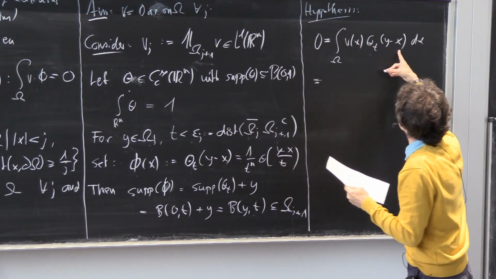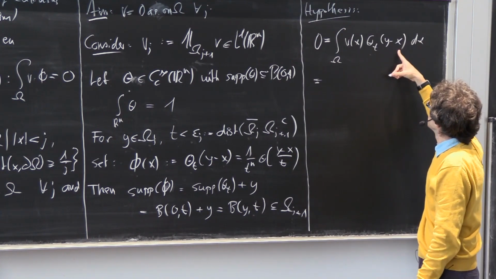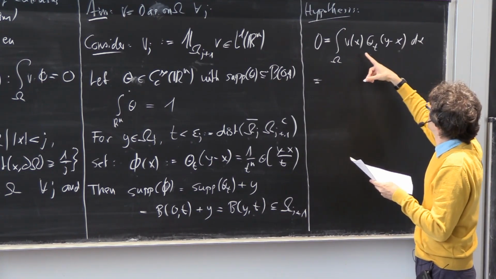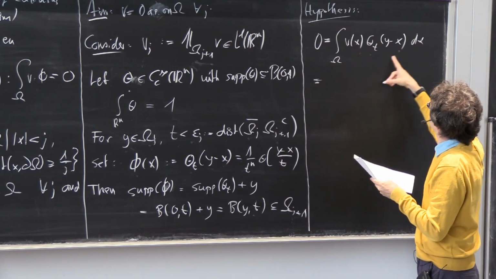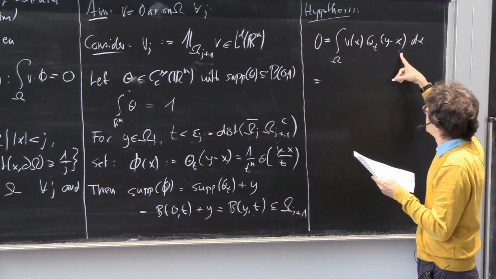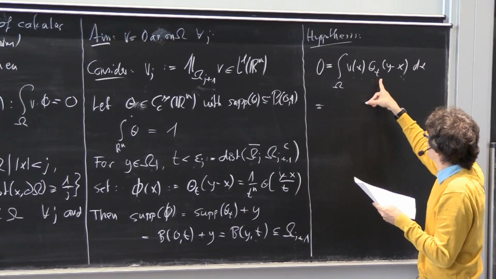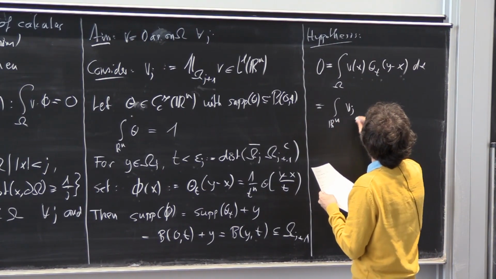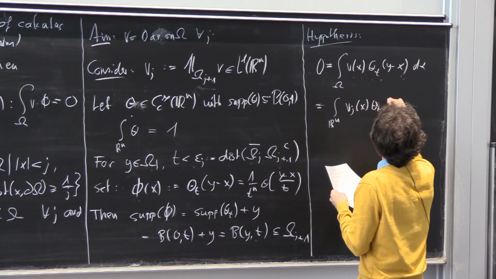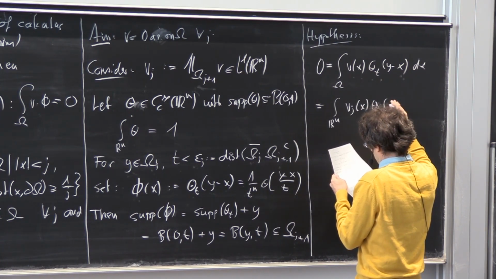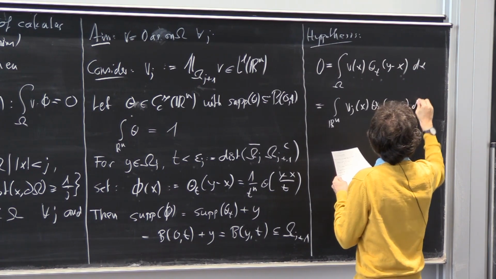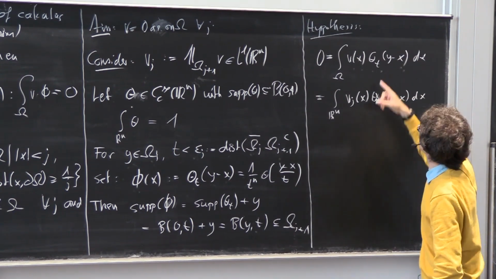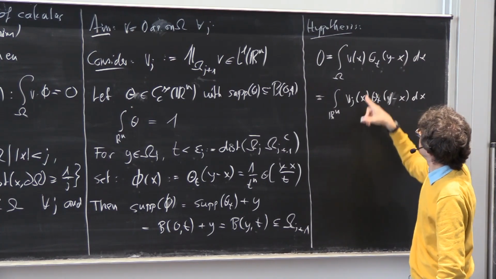Now, this has support in omega j plus 1. So this function equals Vj times this, and I can then integrate over the whole of Rn. So this is the integral of Vj of x theta t of y minus x dx. This is the same because on the support of theta t, v and Vj are the same.